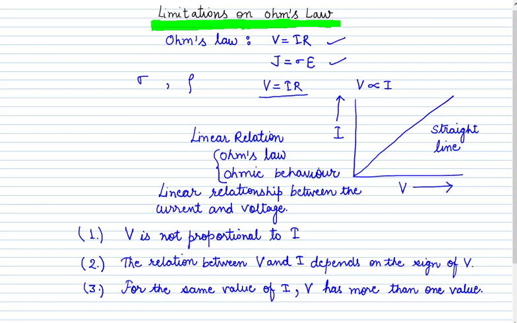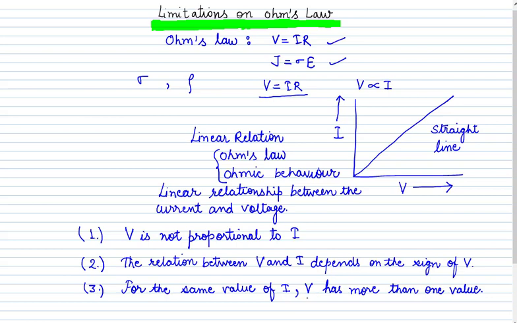First, there is no proportionality relation between V and I. Second, the relation between V and I depends on the sign of V. If V is positive or negative, that means we have altered the voltage, then I also changes. So I depends on the sign of V. And third, we have the same value of I for more than one value of V. That means again there is no linear relationship.